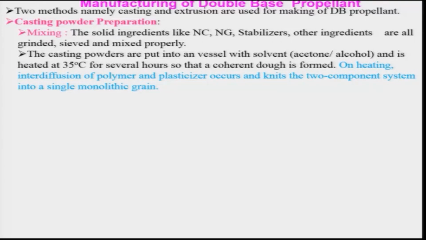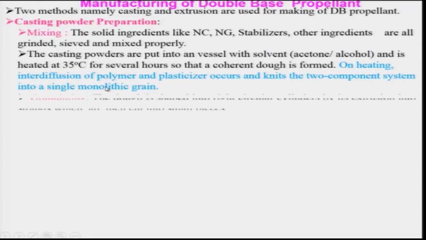You might be aware that on heating there will be interdiffusion of polymers and plasticizer, which helps in knitting the two component system into a single monolithic grain, and this is very important so that it can be mixed at the molecular level.